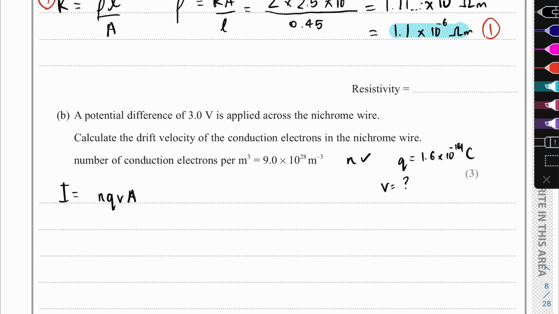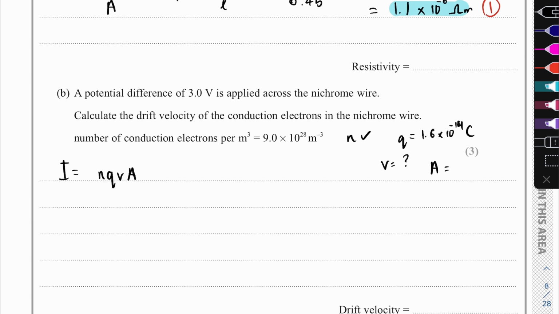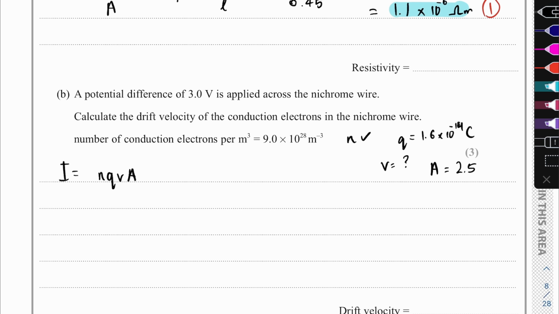No, we don't. We're trying to work it out. Do we know A? A is given to us from the previous question, the cross-sectional area, so it's 2.5 times 10 to the power of negative 7 meters squared. So we have that. Now, what's missing?